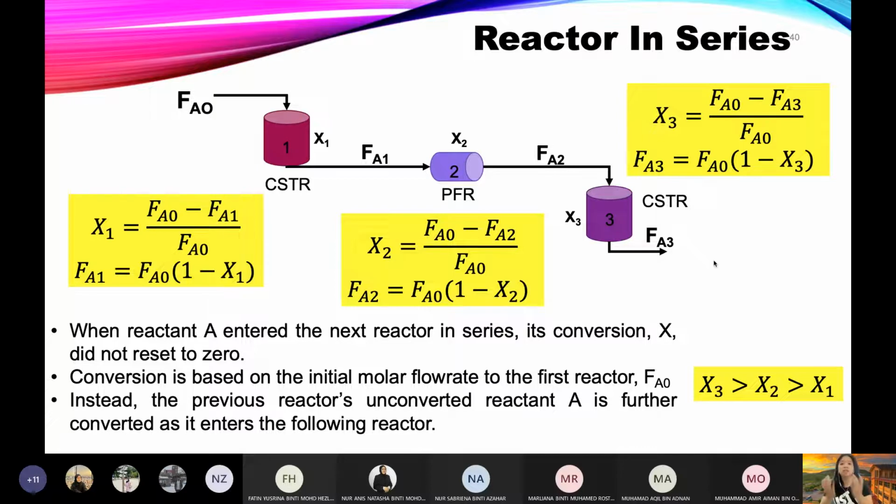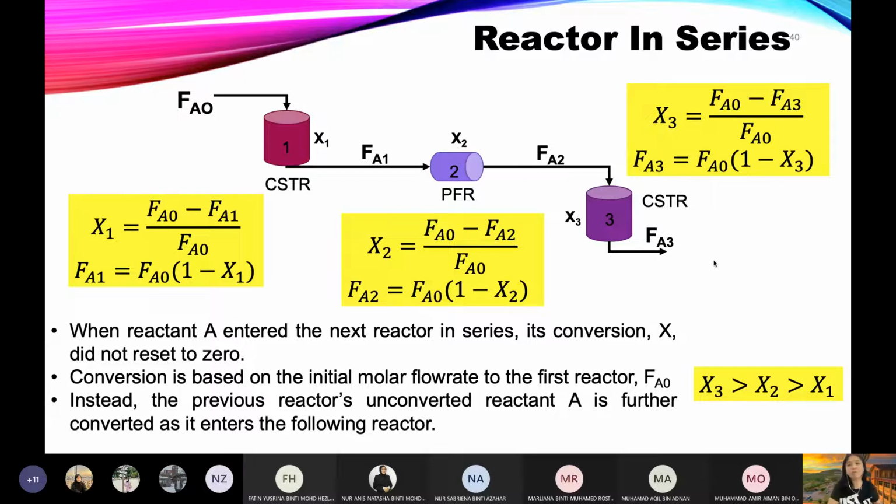Okay, so as I told you before, you have two options. Katakan daripada first reactor tu dah keluar, you have a mixture of your product and your unconverted reactant. First choice, separate and recycle back your reactant. Or second choice, you can flow it to the next reactor continuously.